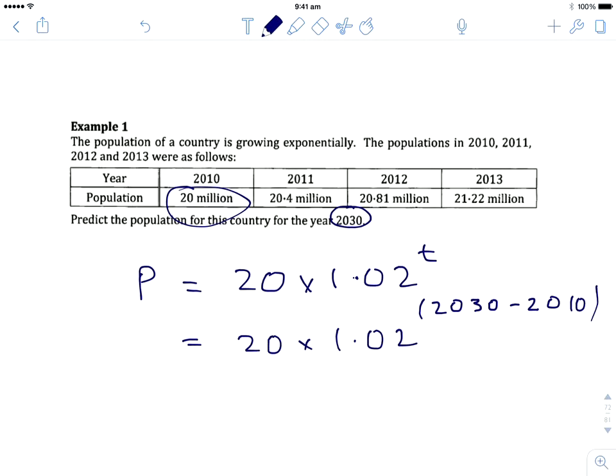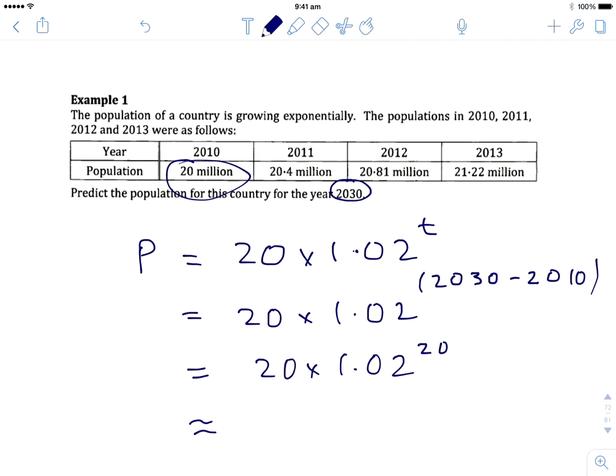So that's actually going to be 20 years that we're doing this for. So when you do that on your calculator, 20 times 1.02 to the power of 20, you get approximately 29.7. And remember, we're talking about millions here, so about 29.7 million by the year 2030.